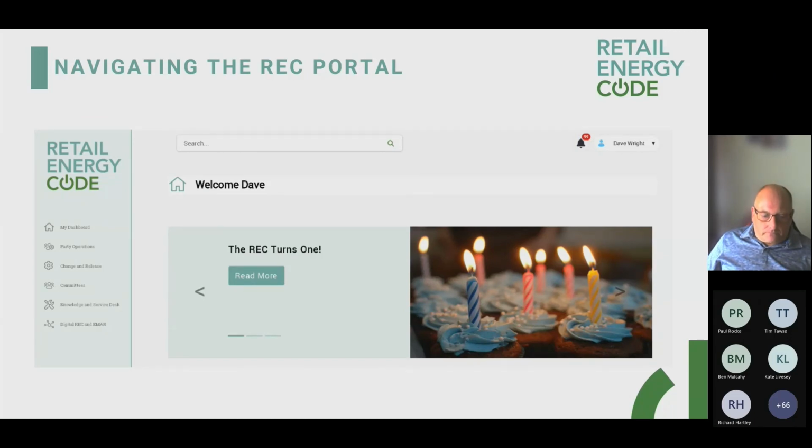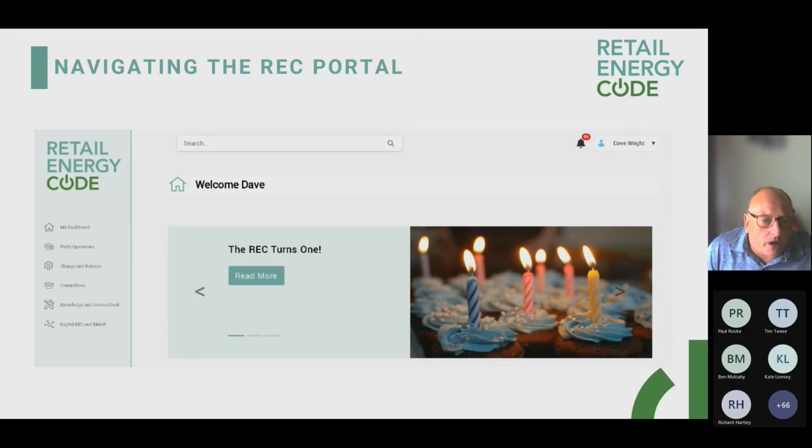So again, going back to the front screen where we logged in, getting to the documents themselves. Before I move on to the documents, it's worth being aware there is a knowledge and service desk icon on there.